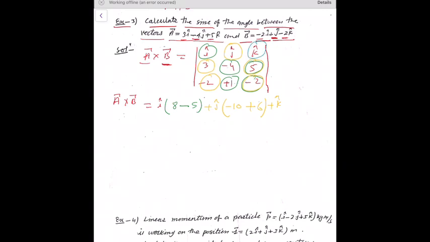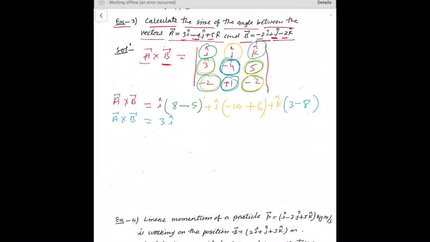Plus k cap: 3 into 1, 3, minus 4 into minus 2, plus 8. So here 3 minus 8.